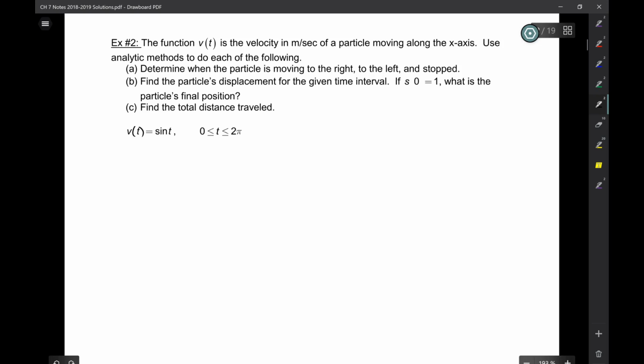So what are we going to do? It goes from 0 to 2 pi. So for part A, we're going to set this equal to 0. And when is sine of t equal to 0? More than once. At 0, when else? Pi, 2 pi. So t is equal to 0, pi, 2 pi.